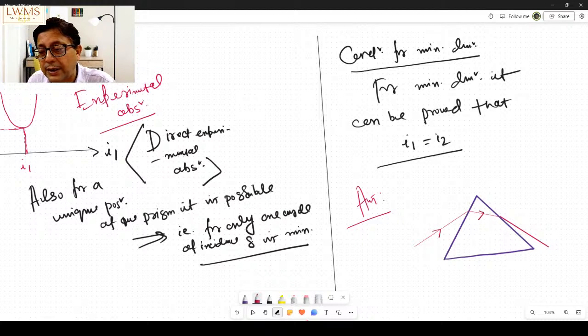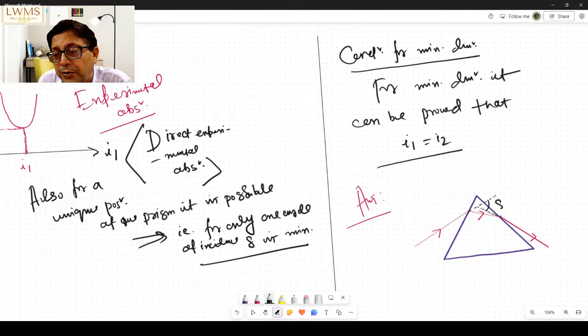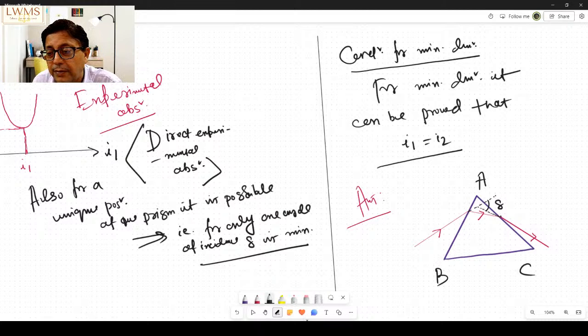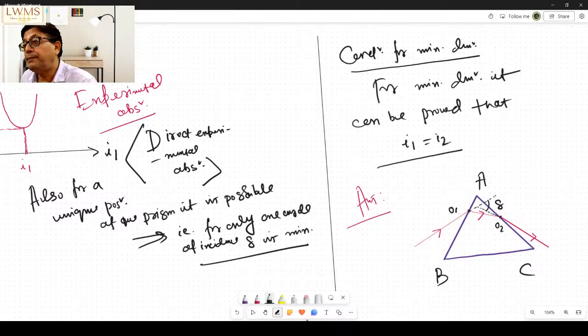Incident, refracted. What you will do? This will produce forward. This you will produce backward. This is angle of deviation. I told you clearly in the previous diagram. This is the point of incidence on this refracting surface, point of incidence. Refracting surface, that concept will be there in your mind always, what I told you in the beginning.